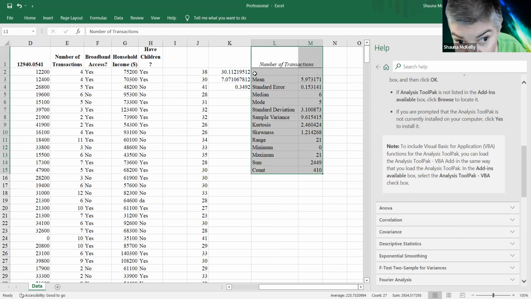But there they are. Thank you, Sean. There's a lot of stuff you don't need on here, but there's the mean, the standard error. And what else do we need? Oh, the standard deviation. The standard deviation is down below 3.10.